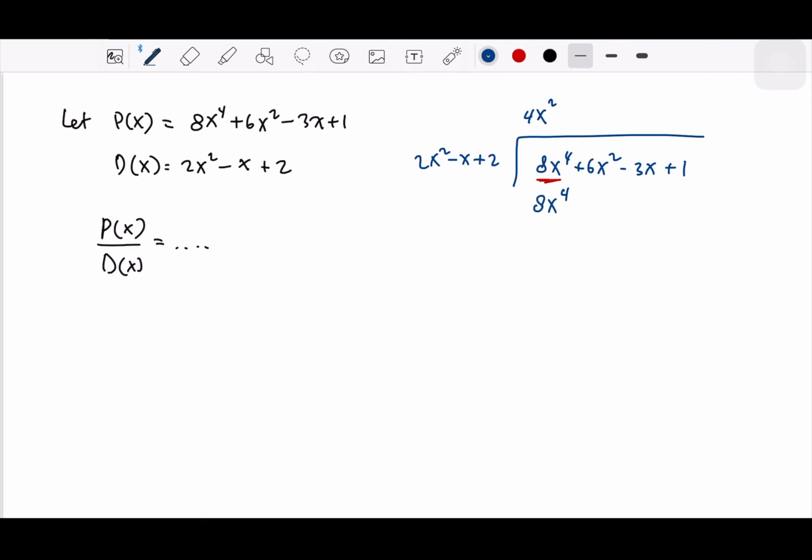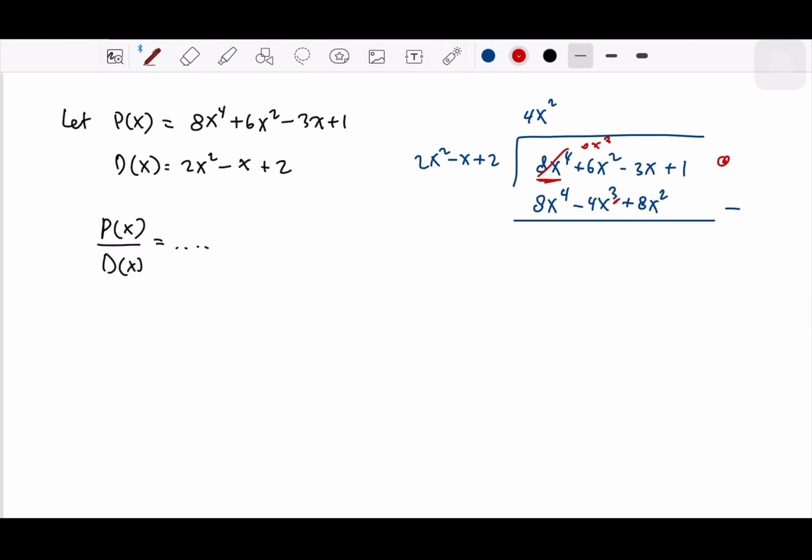Multiply. 4x squared multiplied by negative x gives negative 4x cubed, and then plus 8x squared. Now this is also something that can happen. We have x cubed, but we don't have it here, so we imagine that here we have 0x cubed. So you need to be careful.